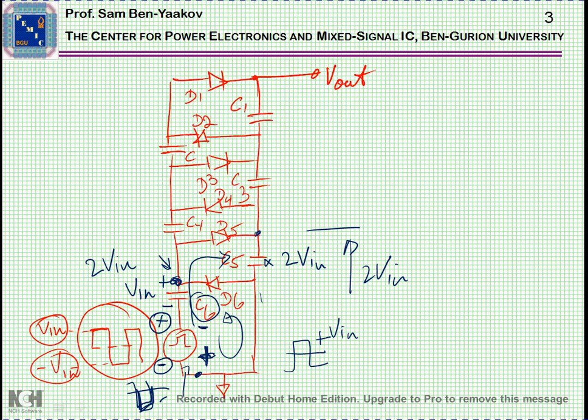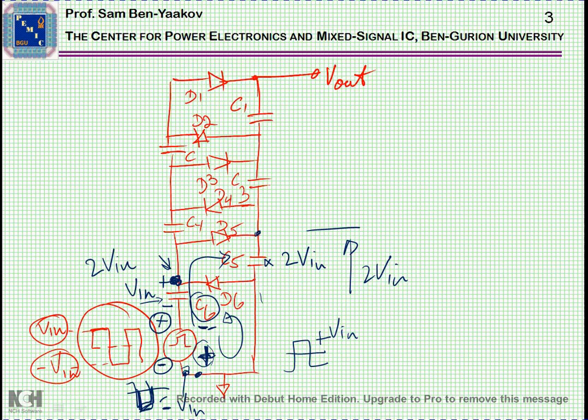So we move now to the next half cycle, the negative cycle, where here we have minus V in. So the polarity is again like this. This is plus here and minus here. Notice that since this capacitor C6 is charged, the voltage from this point to ground is zero, because we have plus and minus.